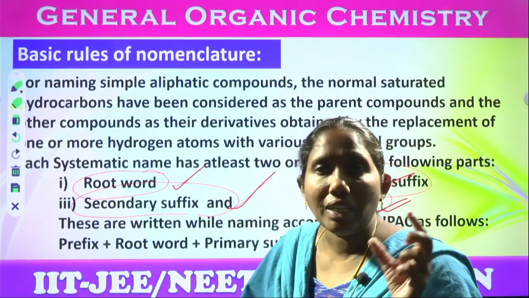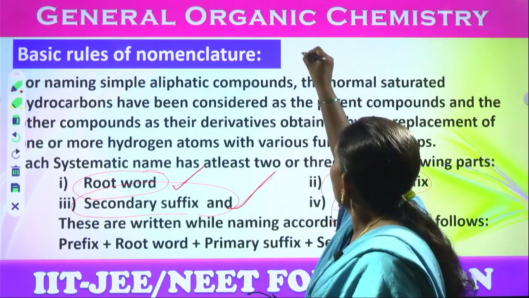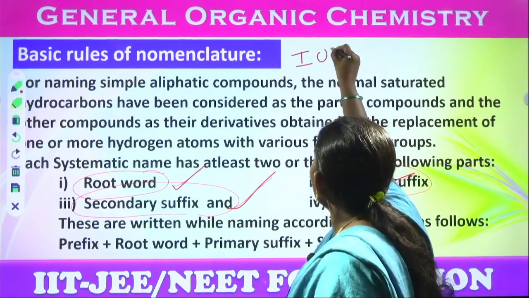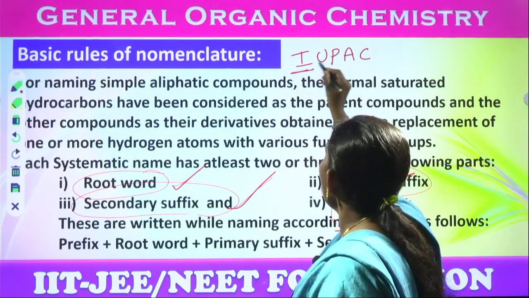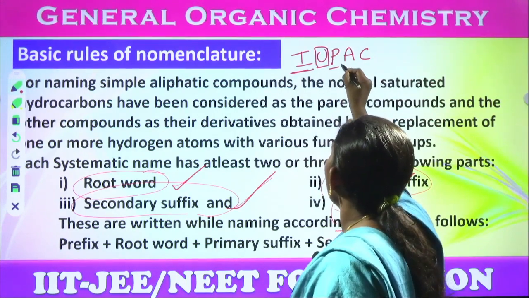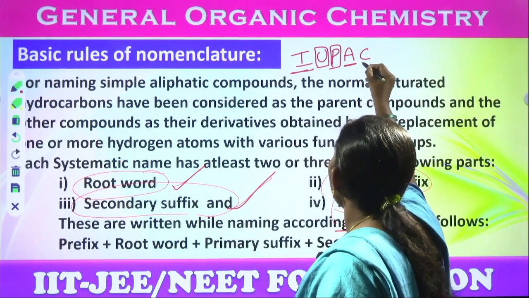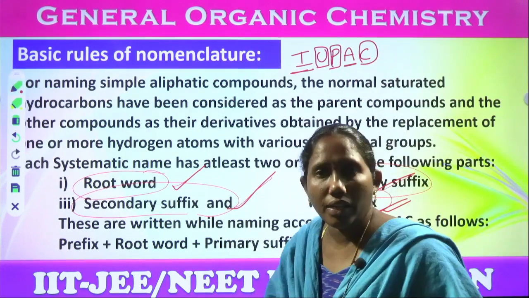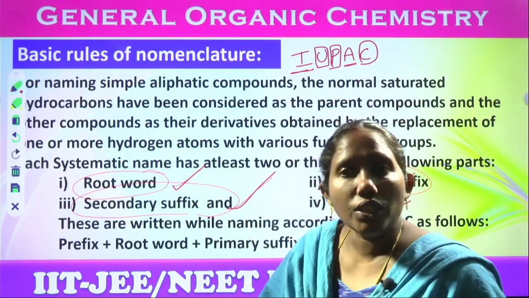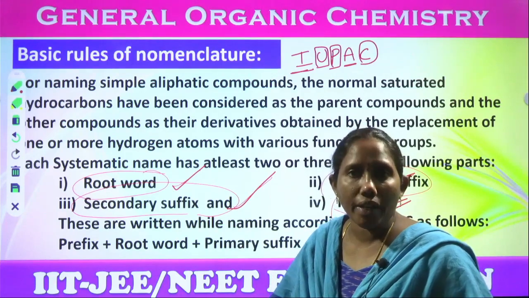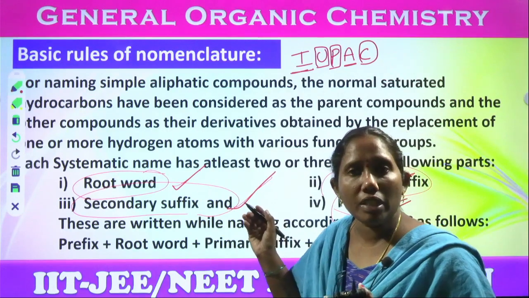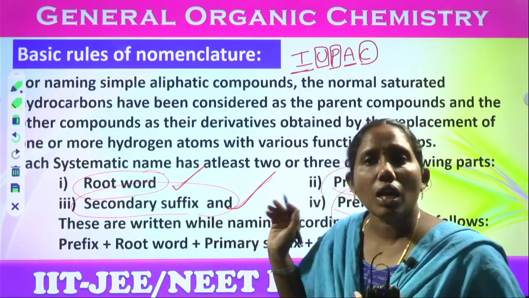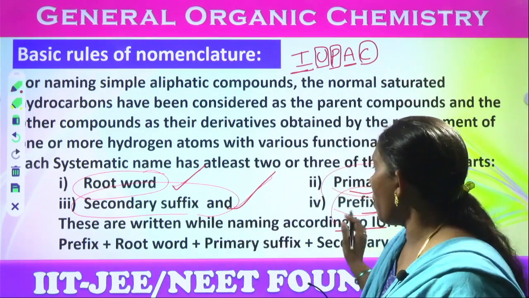IUPAC is nothing but International Union of Pure and Applied Chemistry. So whatever root word, prefix, secondary suffix and primary suffix we are studying, those all are based on IUPAC's rules only.